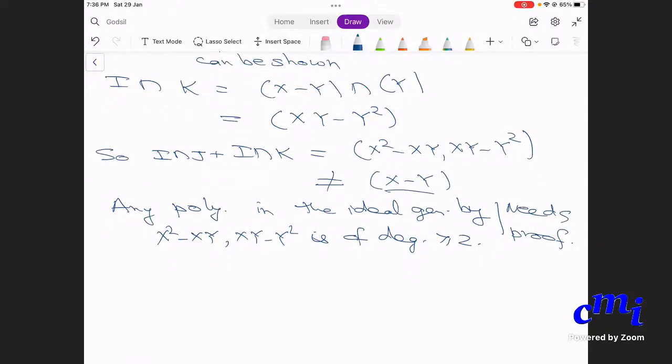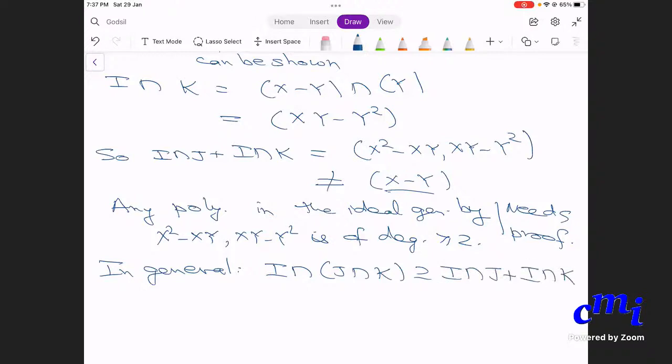So this is an example where the distributive law doesn't hold for intersection over sum. But as I said, it's contained, and that is true in general. In general, I intersect (J plus K) contains I intersect J plus I intersect K. That is easy to see.